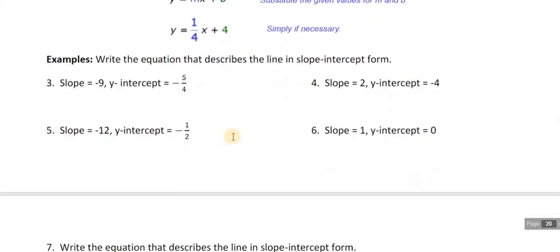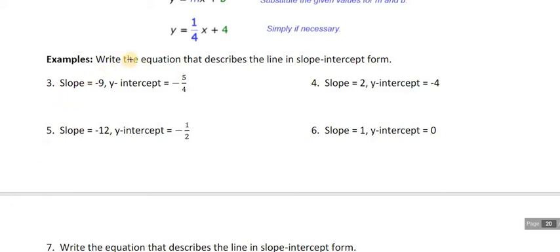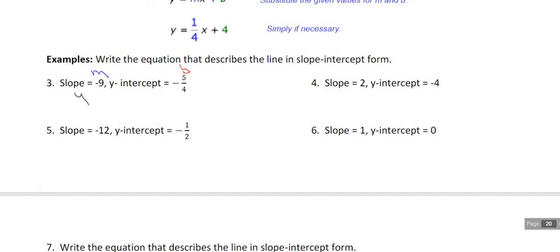So number 3 says write the equation that describes the line in slope-intercept form. So if the slope is -9, I'm going to label that as m. The y-intercept is -5/4. That is my b. So it's good practice to start writing y equals mx plus b.